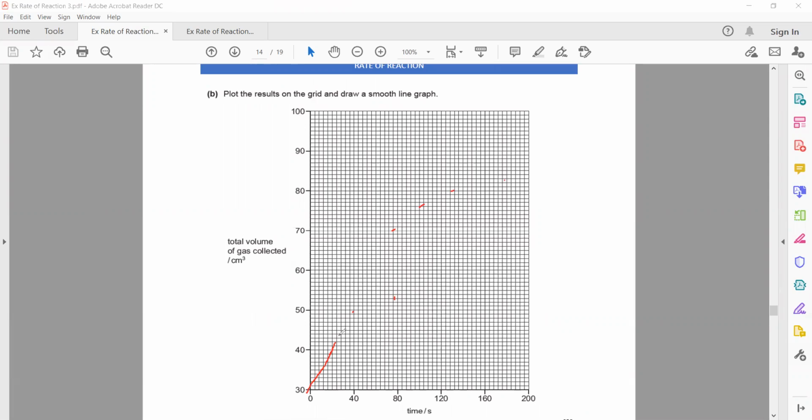When you join these points, you neglect the anomalous one. So you can identify what volume should be there instead of this anomalous one. According to your graph, the answer is about 68 to 70, but you will write the answer according to the graph which you plotted.